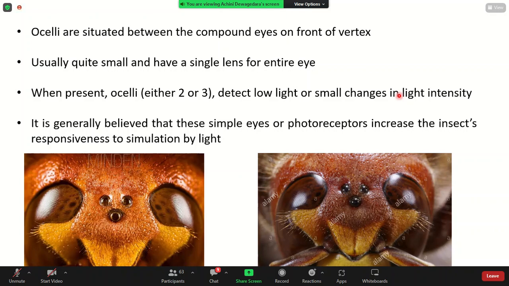However, compound eyes give them a somewhat clear image, right? Not a very clear image like what we see. Okay, that's about the insect's eyes.